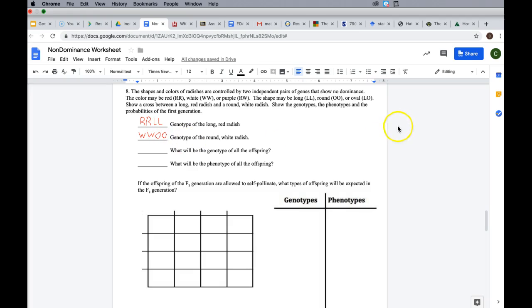So if you cross those, I mean, you would have RL, RL, RL, RL, and then over here you would have WO. So this is exactly what I expected.